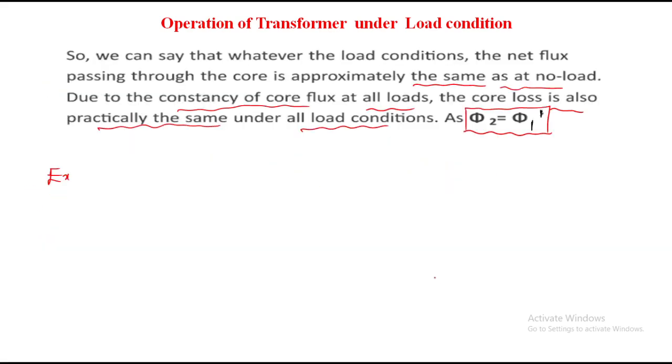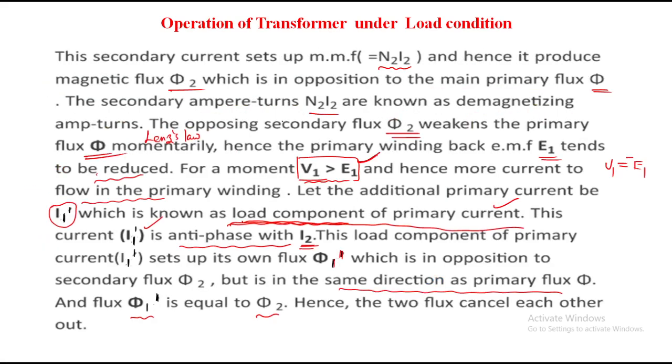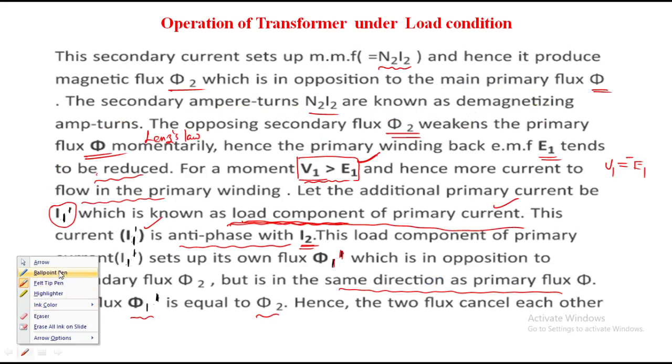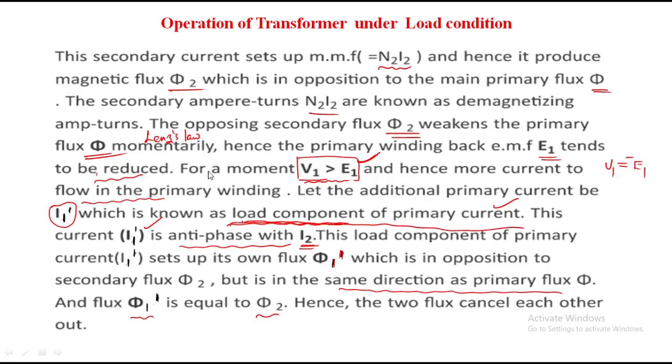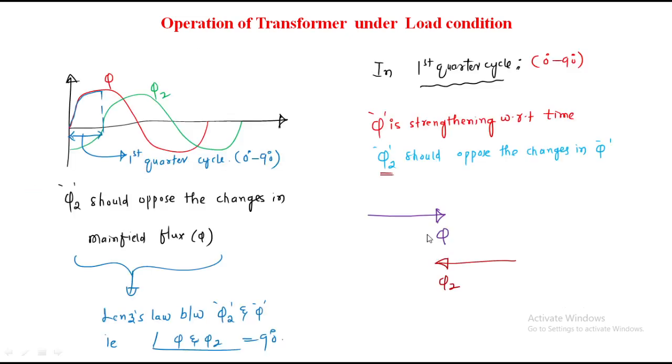What is the statement then? See, the opposing secondary flux weakens the primary flux momentarily. Hence the primary winding back EMF E1 tends to be reduced. Why is it reduced?